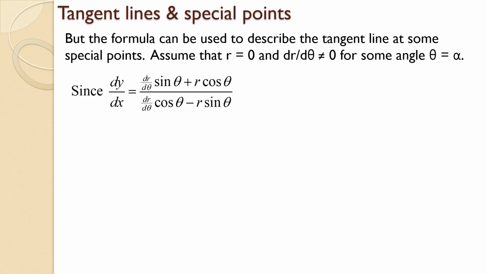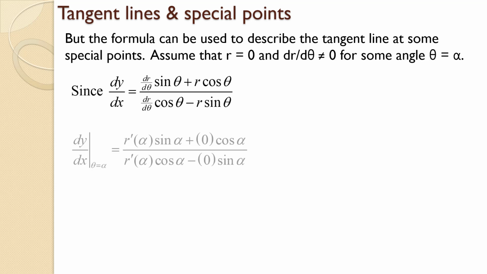Assume that you're at the pole. That means r is 0, and the angle could be whatever it likes. So we'll say theta is alpha. But the rate of change of the radius as the angle changes is not 0. If you look at the slope of the graph at that point where the radius is 0 and the angle is alpha, you can use this formula to find out what that slope would be.